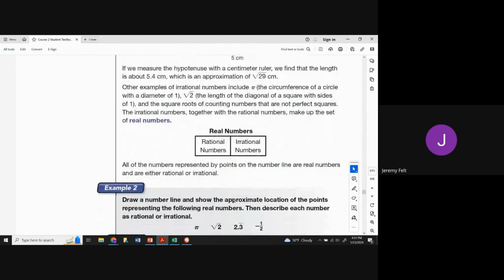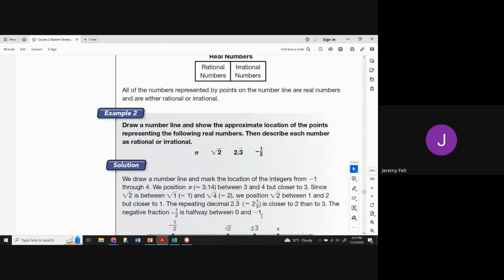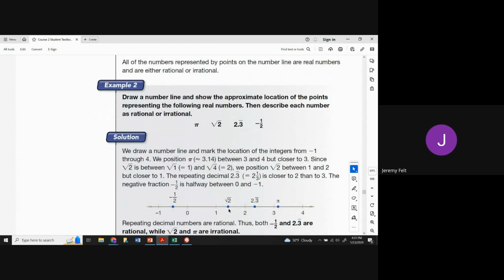So if we look at these numbers: pi, irrational; square root of 2, irrational; 2.3 repeating forever, that's rational. That can be written as 2 1/3. And negative 1/2, rational as well, because it can be written as a fraction. So if we plot those on the number line, square root of 2 is going to be between 1 and 2, because 1 squared is 1, 2 squared is 4, and it's going to be closer to here.